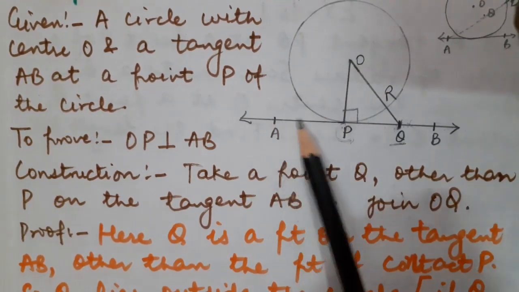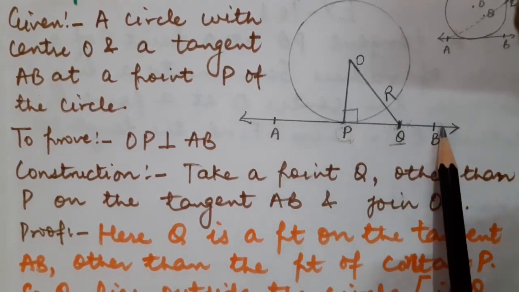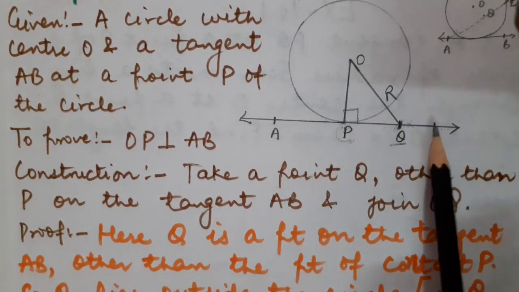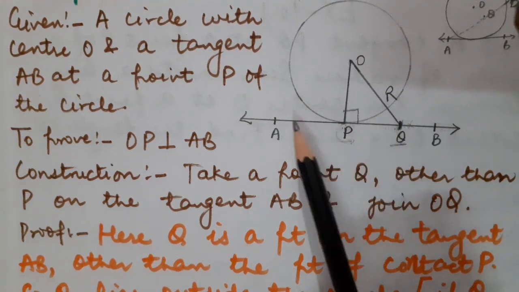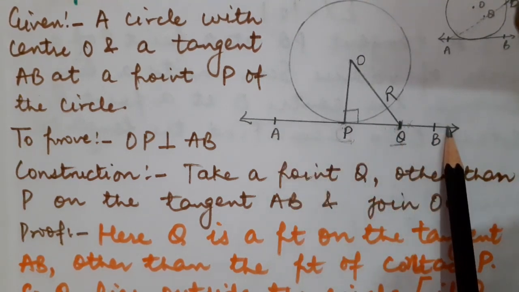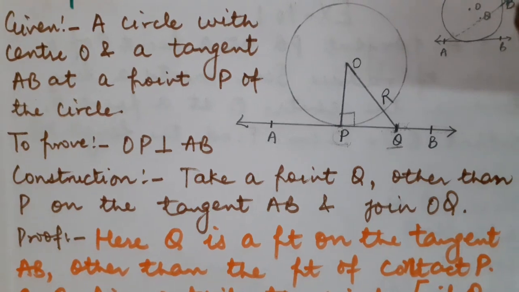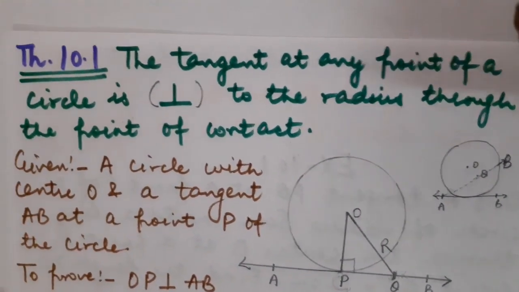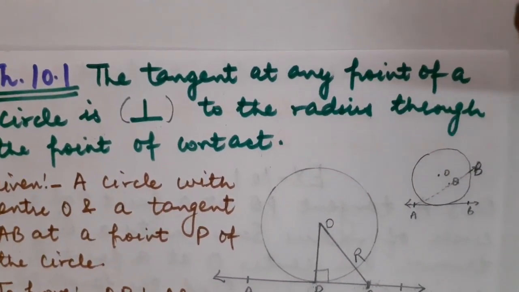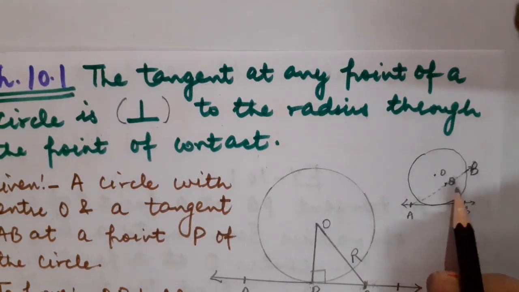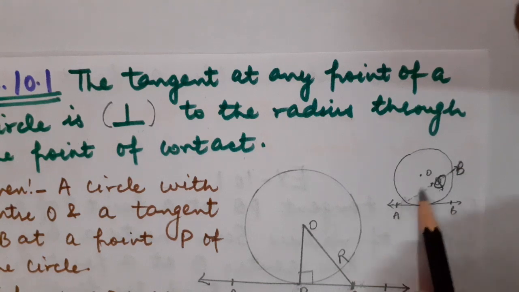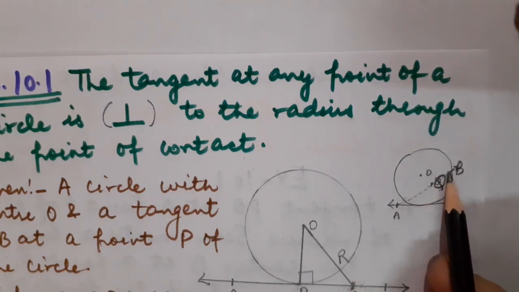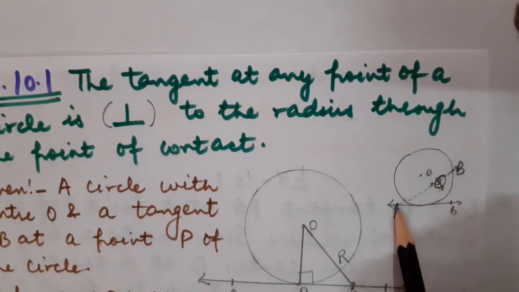Then in that case, AB will not be the tangent, because point Q will definitely lie on the line segment AB. So in that case, AB will become the secant of the circle. Please have a look at this diagram. Here I have just told you that I have taken a point Q. This is that very point Q which is going to lie on the line AB.